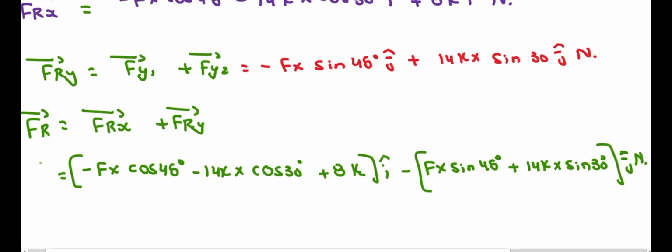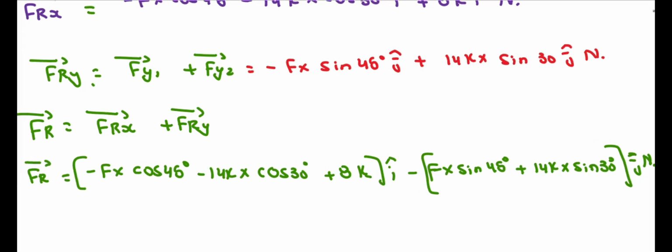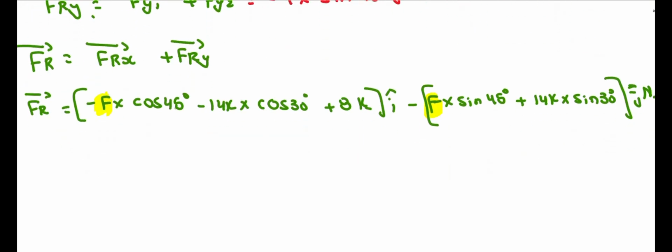The question says that we are going to find the value of the resultant vector that is as small as possible. This is the vectorial form of FR. If you plug the value of F here, you actually get the vectorial form of the resultant vector. But we are going to find its magnitude, and for that we have the formula.